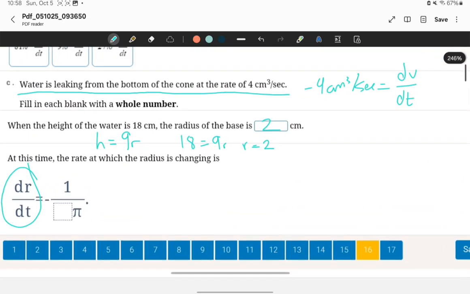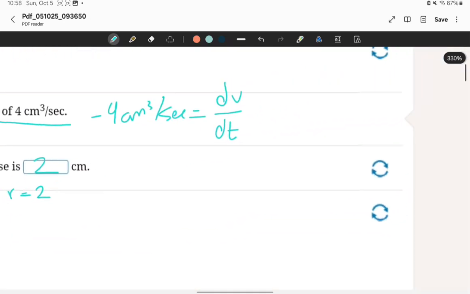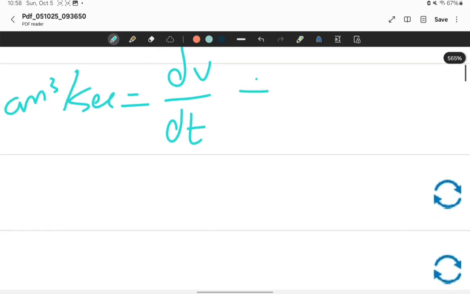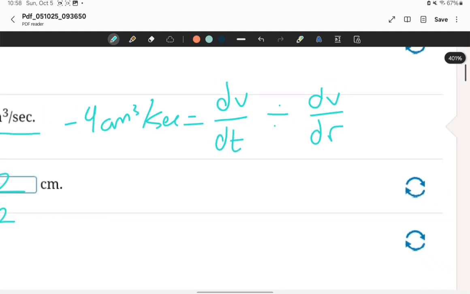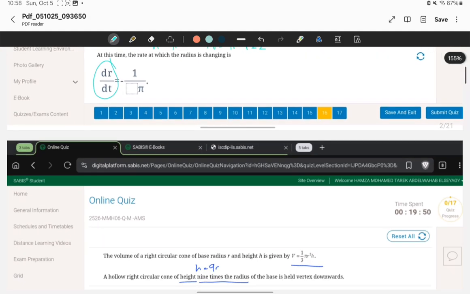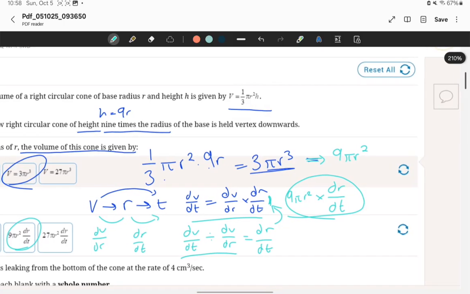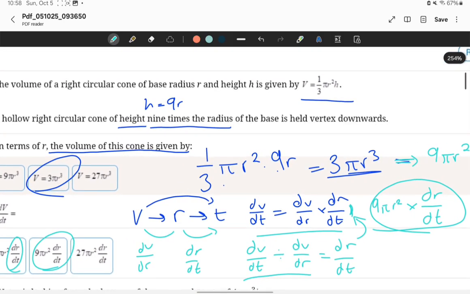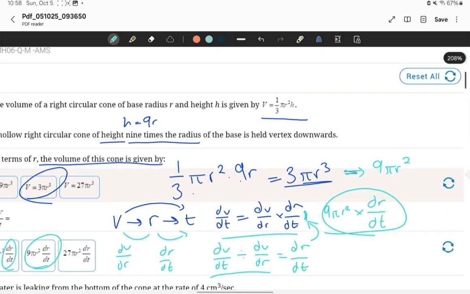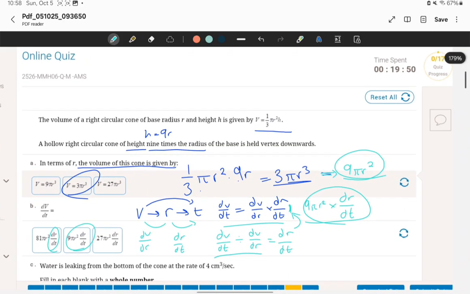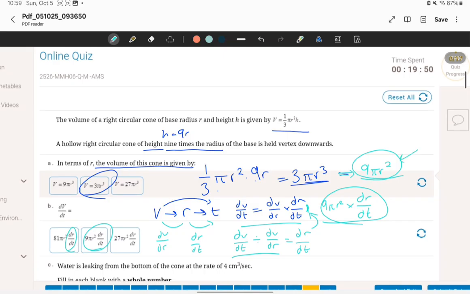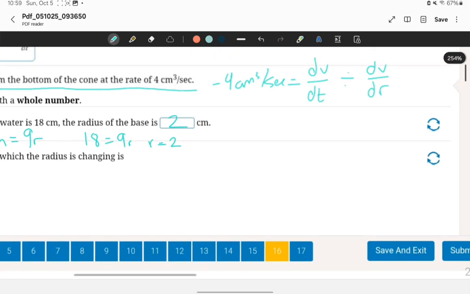So we take dV/dt and divide this by dV/dr. Now dV/dr we actually already have. It's the derivative of the volume, so just differentiating the volume formula again, we take this 9 pi r squared.